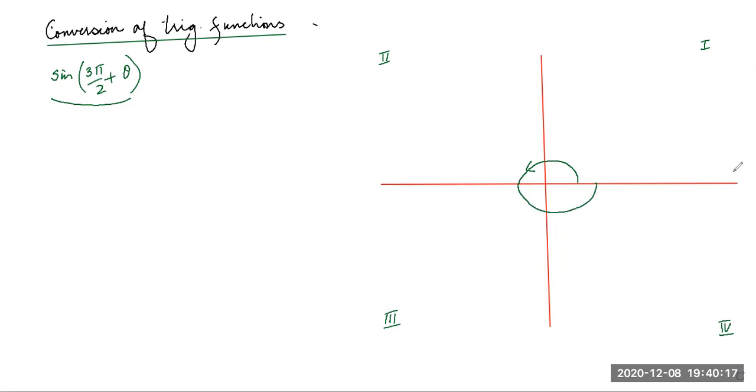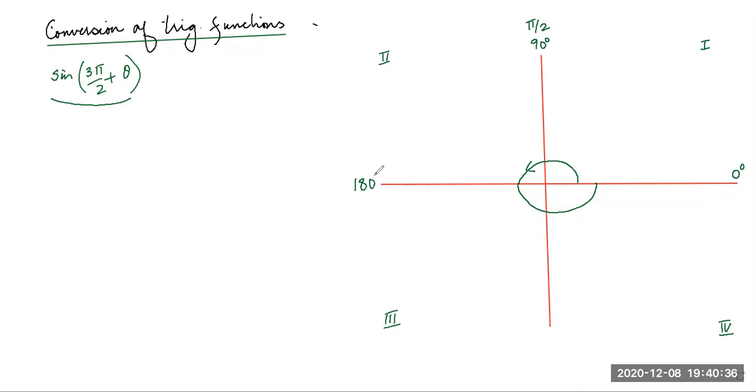Now, this angle is 0 degree. In radians, what is this angle, students? This is 90 degree, or pi by 2. And this is 180 degree.